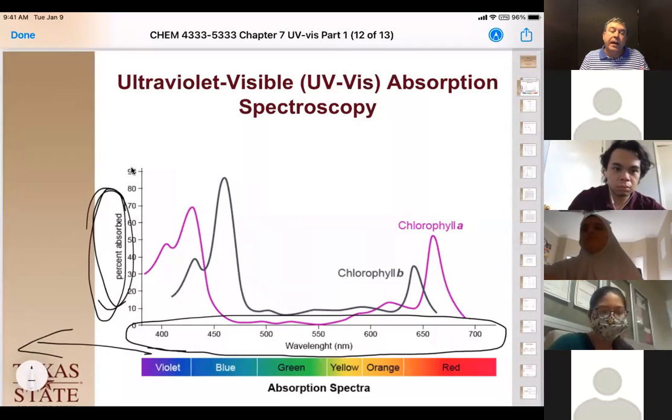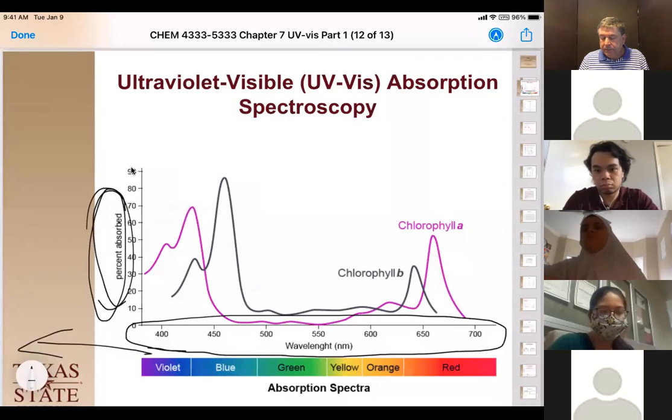And so we have this band between 375 and practically 200 nanometers to call our UV area. But the visible area goes all the way up to about 700 nanometers, and we can use that entire spectrum to tell us a lot about different parts of the molecule.